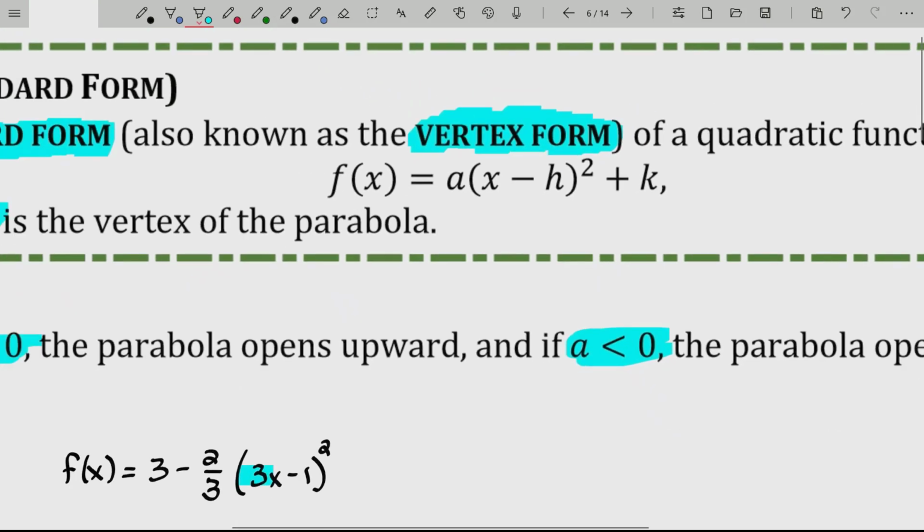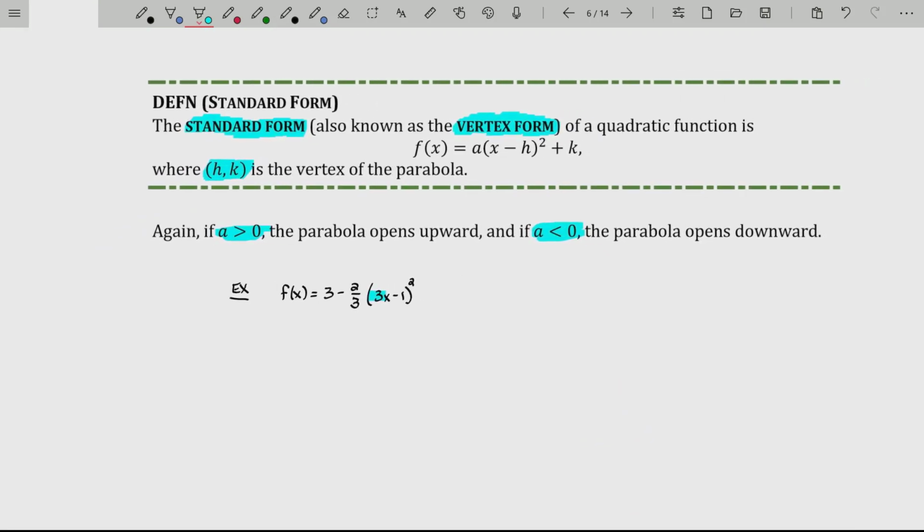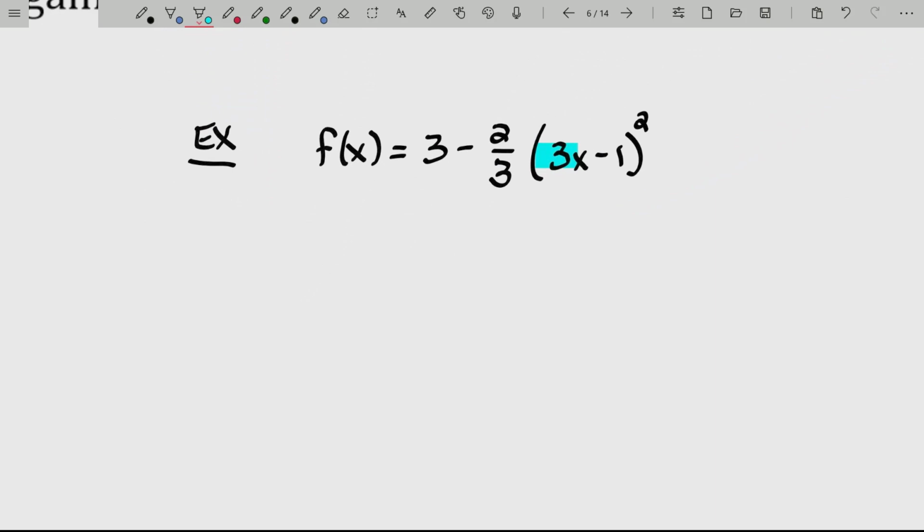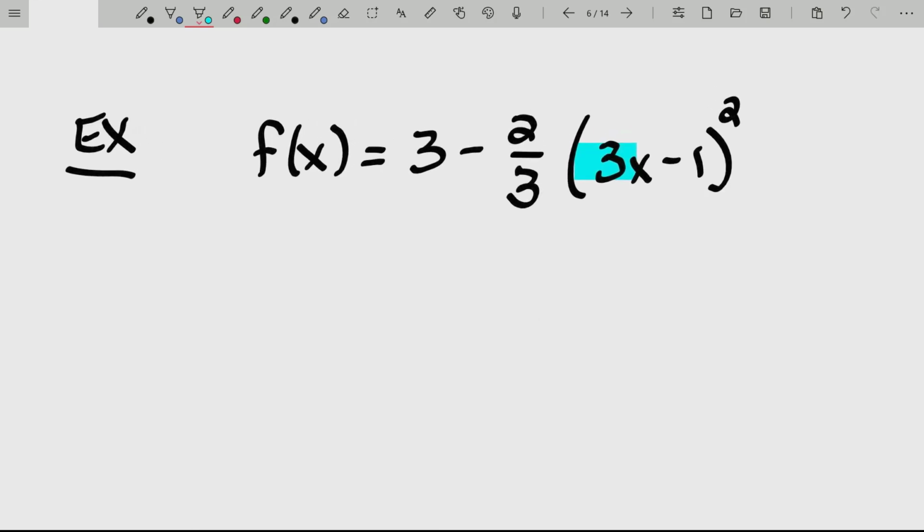It's critically important, in fact. So if I wanted to know what the vertex is based off this form, notice that there are grouping symbols here, so this is probably in vertex form. The first thing I'm going to do is rewrite it by rearranging using the commutativity property of addition.